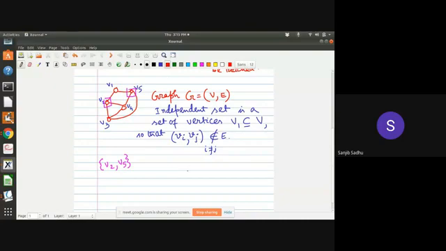For example, I have been given a tree like this. The tree is like this. In this way, the tree is there.